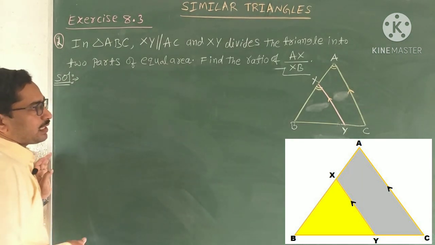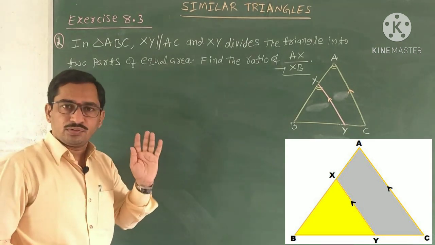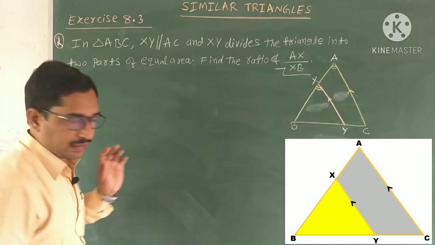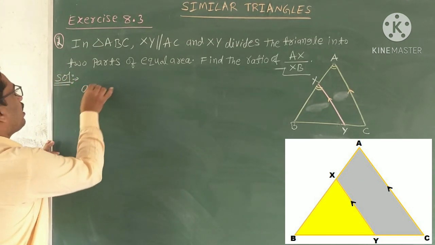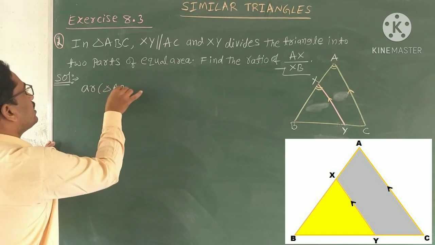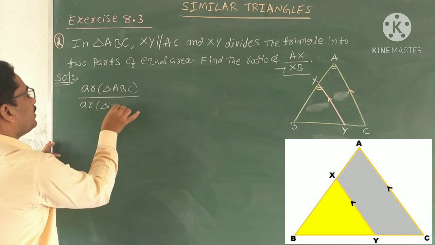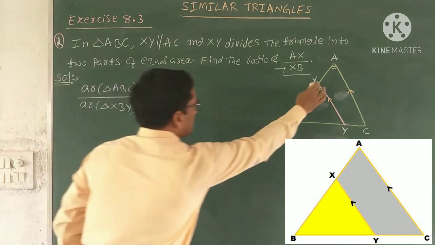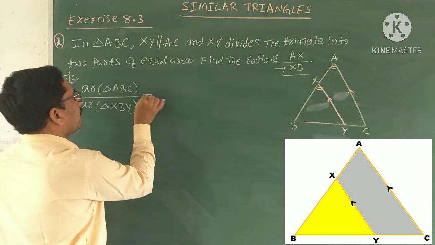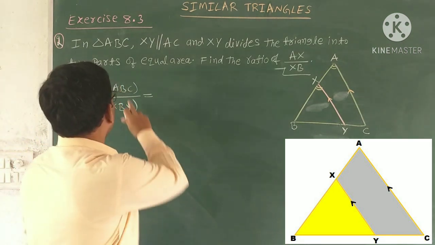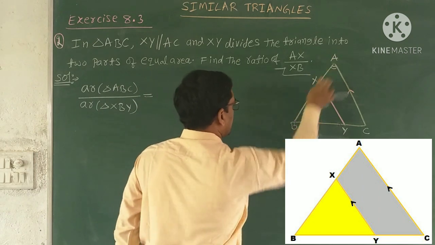If two triangles are similar, then the ratio of the areas of the two triangles is equal to the ratio of the squares of their corresponding sides. So area of triangle ABC by area of triangle XBY is equal to, select the sides.